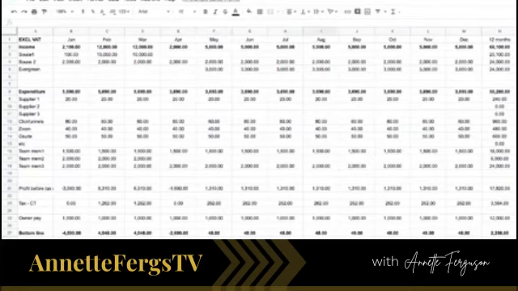Now, there is another piece to this puzzle, which we haven't spoken about at all, but can be really relevant for people, and that is debt.